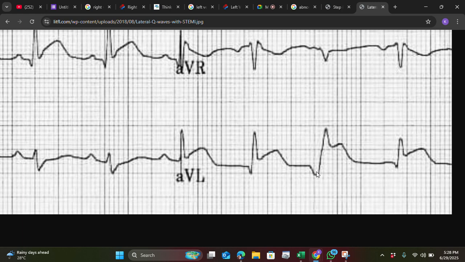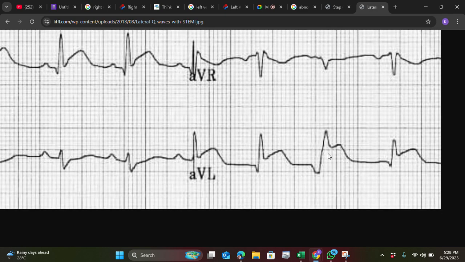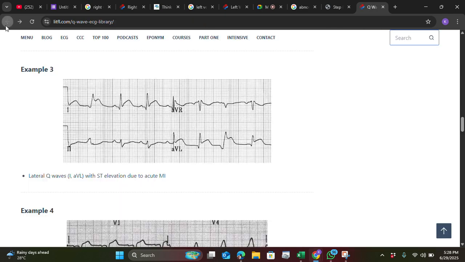Now looking at this wave, this is your key wave. The ECG is actually abnormal here, so I don't know if you guys will be able to interpret things. There's an ST elevation here.